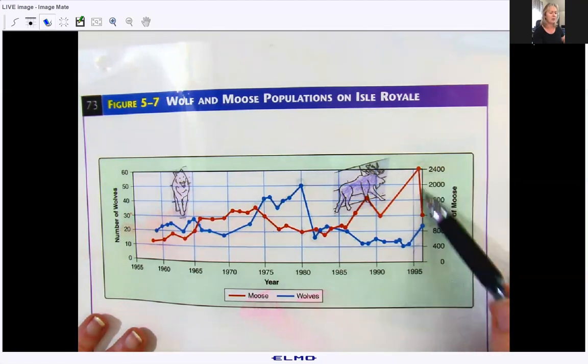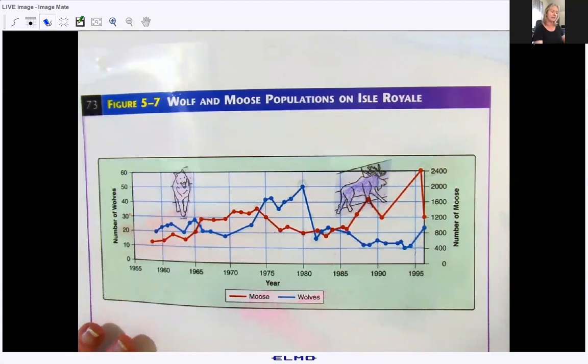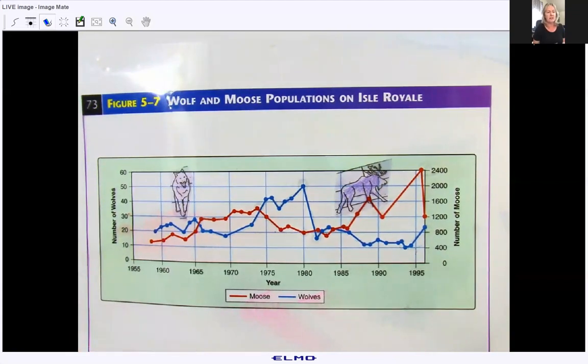But here you have a large decrease, and again, that could be due to several factors. It could be because the wolf population was increasing, as well as maybe hunting by humans, and so a couple of different things could have happened there.